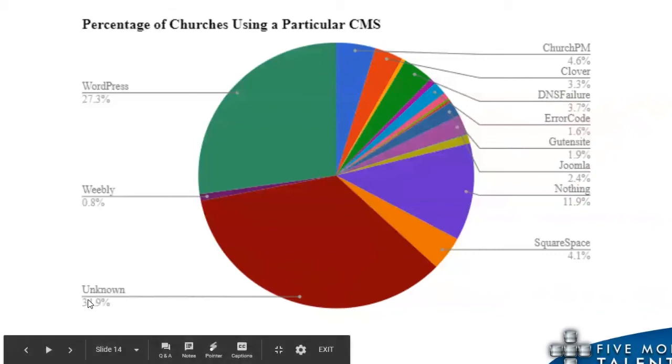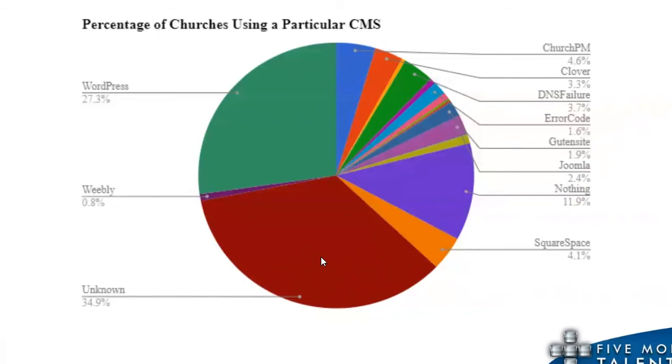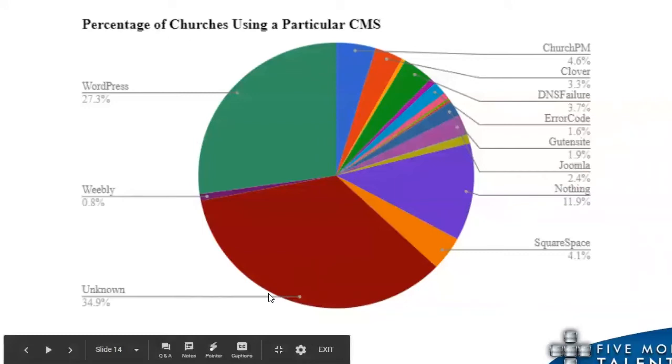And then there was 34.9% that were unknown. Next time we run this script and conduct this research, there's probably some refinements we can make to get a better sense of what those unknown content management systems are.